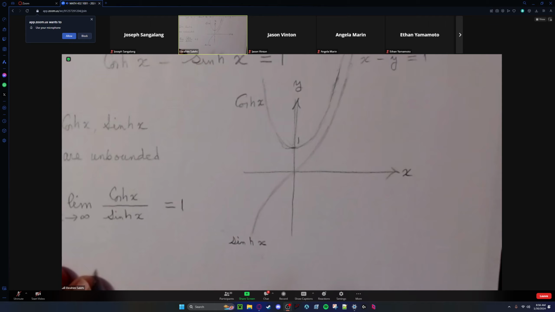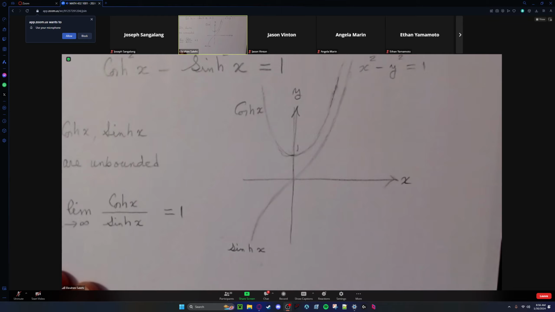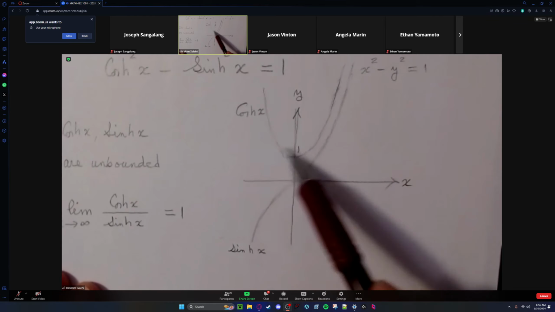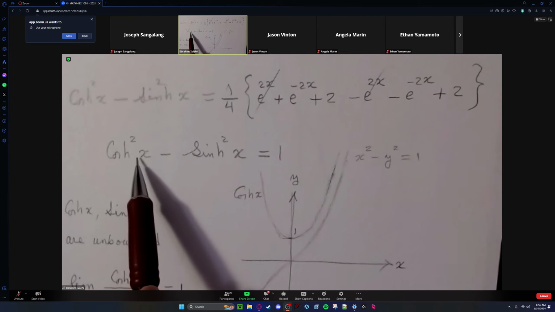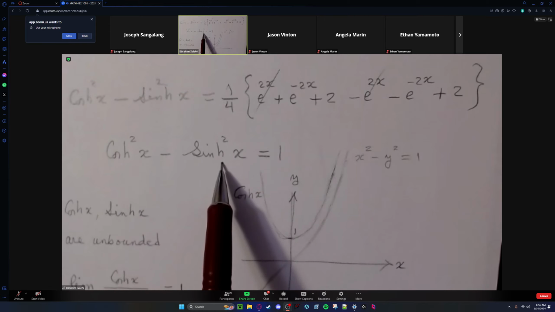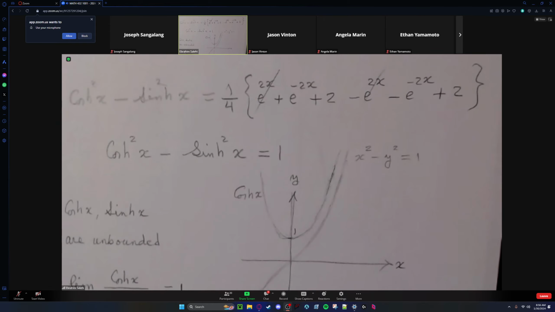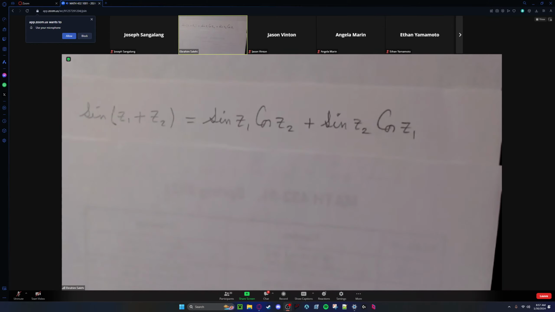So after this little introduction of sinh and cosh and their pictures, and this main property, by the way, now I am going to go to the sine z in complex, okay, in complex. Remember, we just developed that.